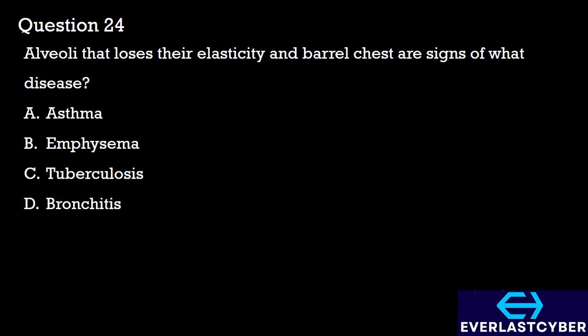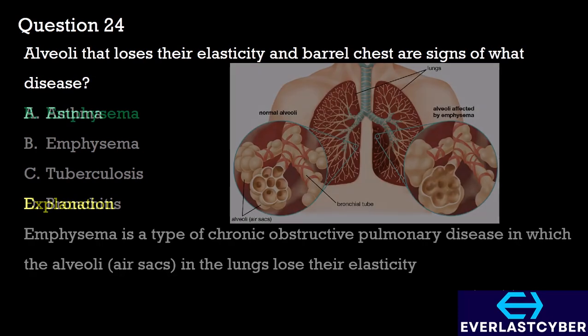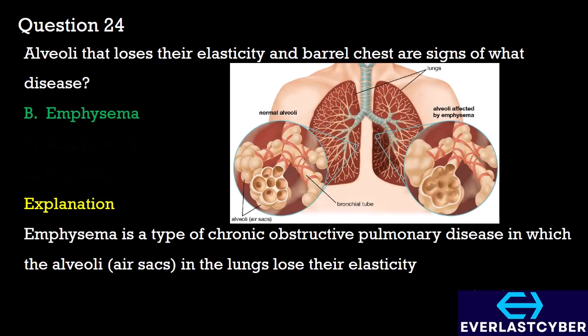Tuberculosis is a bacterial infection that can damage lung tissue, but it does not cause the alveoli elasticity loss. Bronchitis involves inflammation of the bronchial tubes and it does not impact the alveoli elasticity. So our answer here is option B, emphysema. In this type of disease, the lungs lose their elasticity.